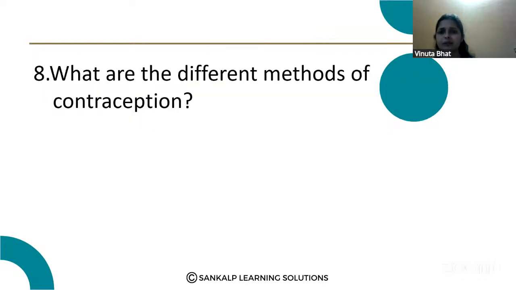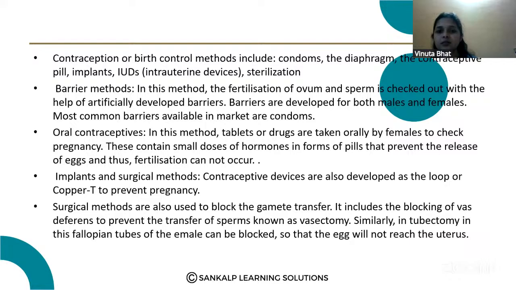What are the different methods of contraception? Here the contraception methods include condoms, diaphragms and pills, implants and sterilization techniques, that is surgical sterilization techniques, or IUDs.